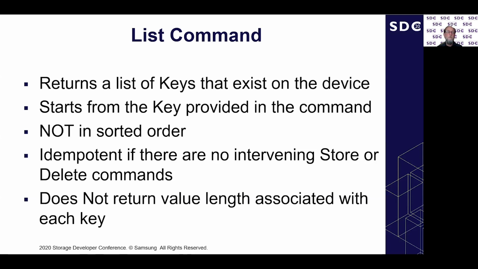However, the list is not in a sorted order. What that means is it isn't alphanumerically sorted. It just is in whatever order the device chooses to return it in. This may be in the order that things are stored in the lookup table that the device has for key value pairs, or any other order.